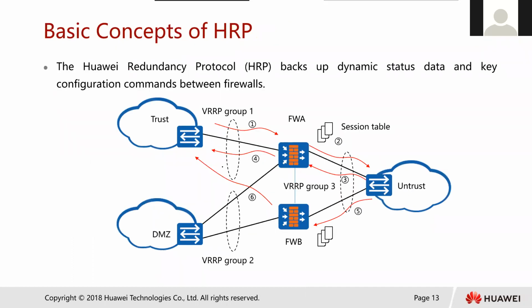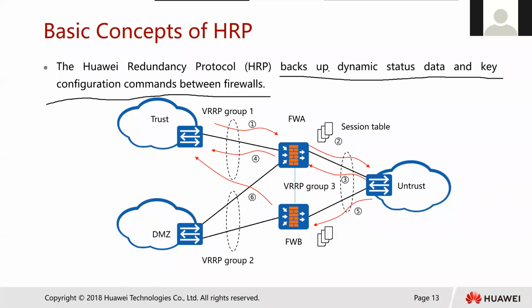And the other one we need to know about is another Huawei protocol. We call it the Huawei Redundancy Protocol. This protocol is different from the VGMP protocol. The function of the Huawei Redundancy Protocol is to back up dynamic status data and key configuration commands between the firewalls.